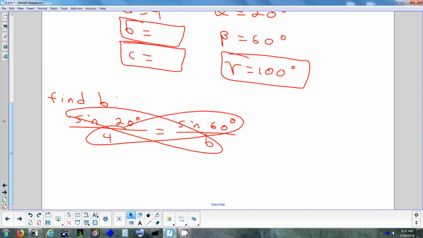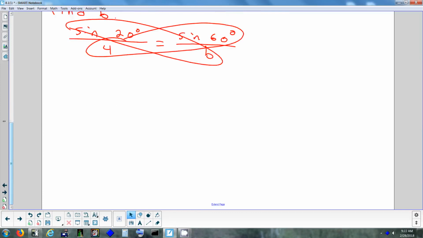So we get 4 sine 60 equals B sine 20. And now we want to get B by itself. So what would I do on each side?